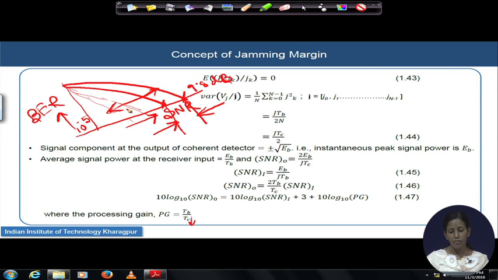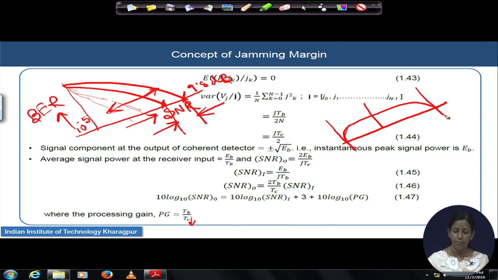Remember, spread spectrum is spreading the sequence, but we cannot spread a sequence beyond the available channel bandwidth. So, the spreading is always restricted by the bandwidth you are dealing with.